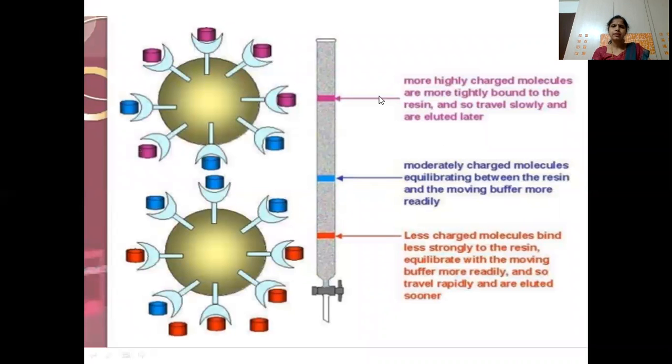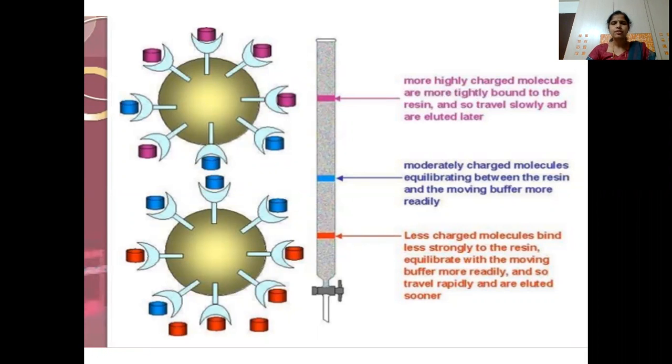Now in this elution process, suppose this is the column where we have three components, three different bands you can see. This first band, the more highly charged molecules, are more tightly bound to the resin. Whenever we have charged molecules, the higher the charge, the more the affinity towards the resin.